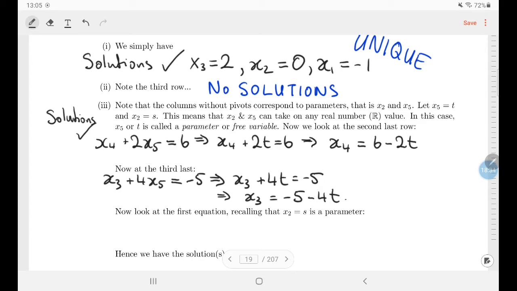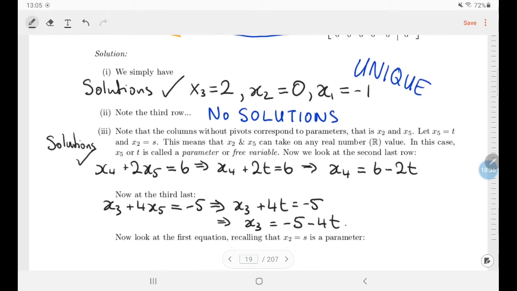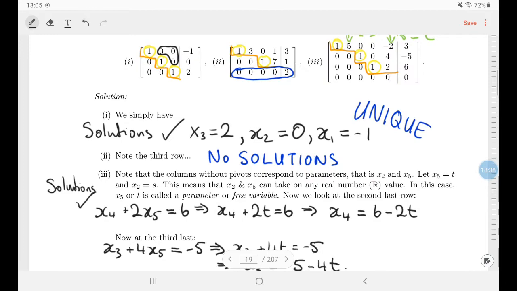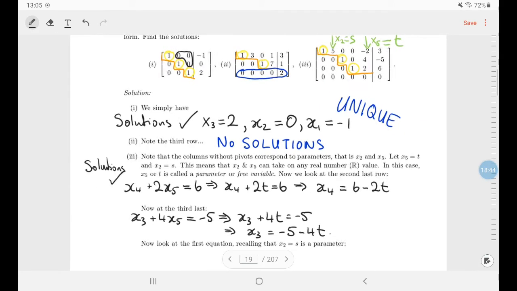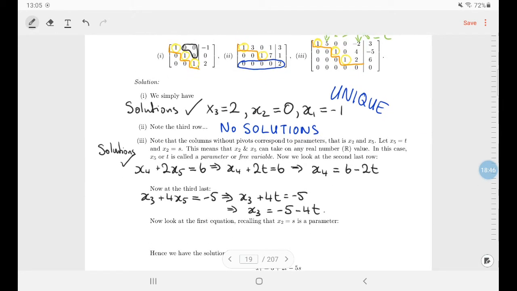And then finally, looking at the very first row, it says 1x1 plus 5x2 minus 2x5 is equal to 3.